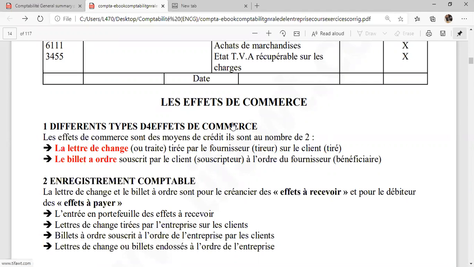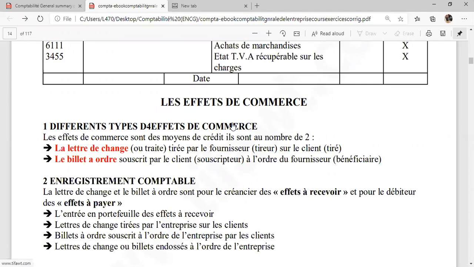So with this one, it's the fournisseur who does everything. The client here just accepts this lettre d'échange. So the fournisseur would write up the lettre d'échange, ask the client when he would like to pay. And when the date arrives, the fournisseur would go to the client's bank and ask for the money that the client owes.